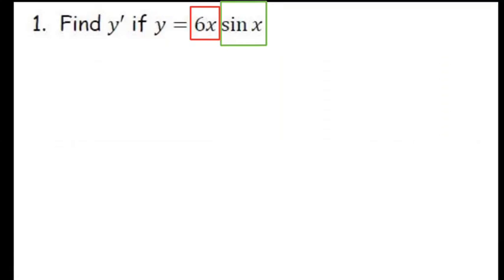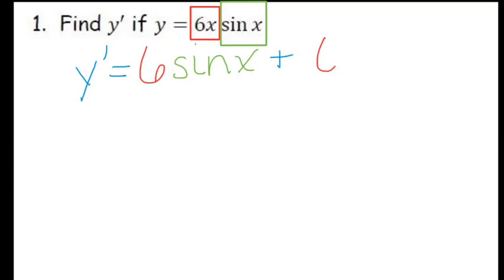We have y prime is equal to the derivative of the first, I'm going to keep on color coding, this is 6 times my second. I'm not taking the derivative, I'm just leaving it as it is. And I'm going to add that to the first times the derivative of the second. Derivative, again, of sine is cosine of x.